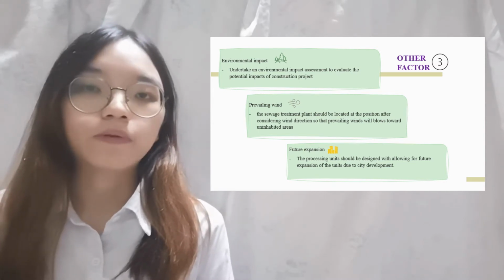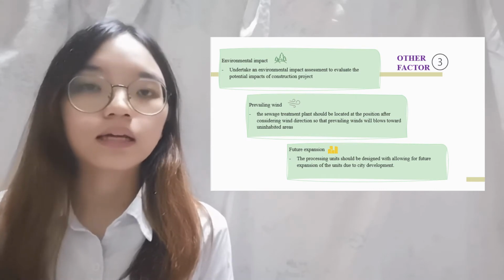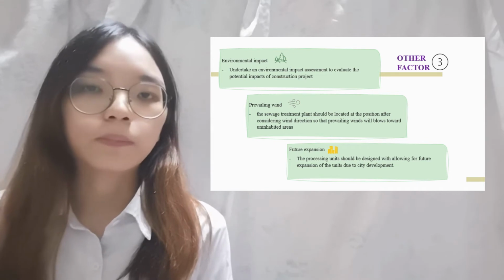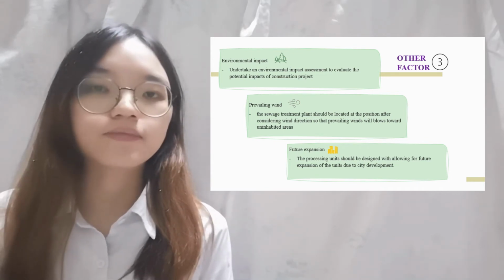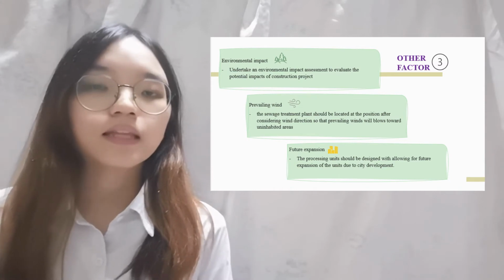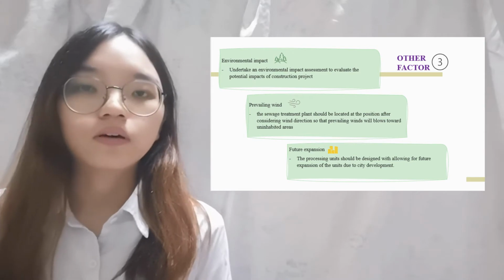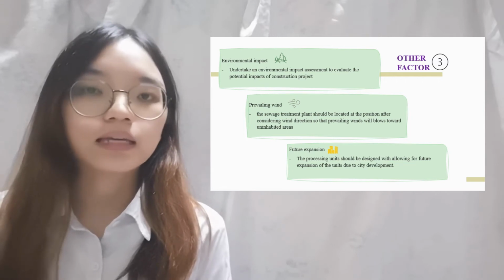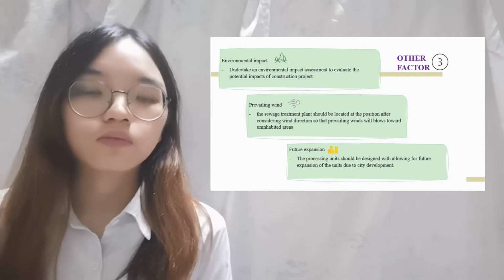The next one is prevailing wind. The sewage treatment plants need to be located upwind, and the wind should blow toward uninhabited areas. The last factor is future expansion. The site needs to be designed to allow for future expansion due to city development. When the city is developed, sewage treatment plants with higher capacity will be required to handle more sewage flow.